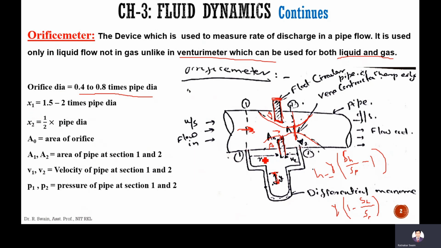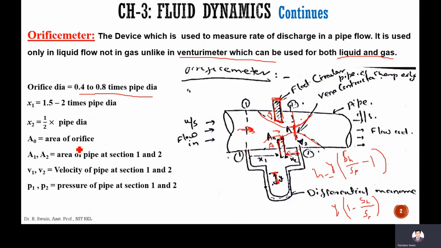The x1, the distance from the point 1 where the manometer point is fixed, varies from 1.5 to 2 times the pipe diameter, and x2, that is the distance to the vena contracta, is the pipe diameter divided by 2.